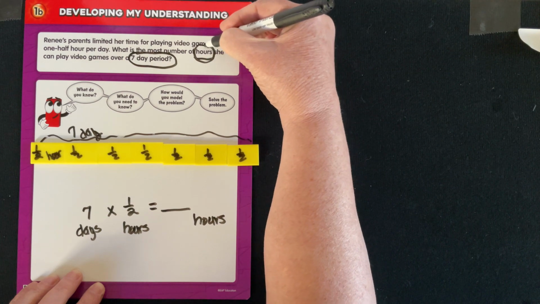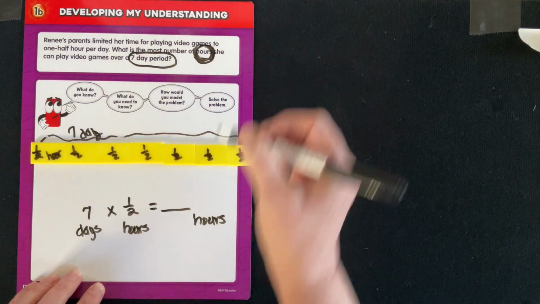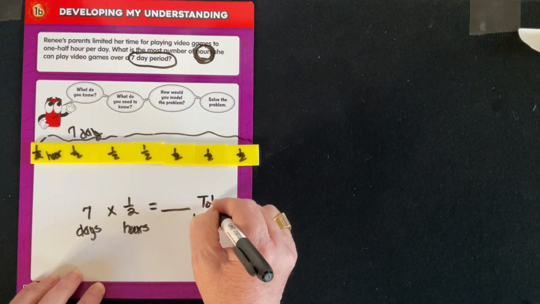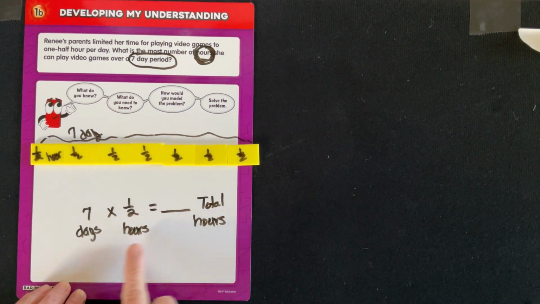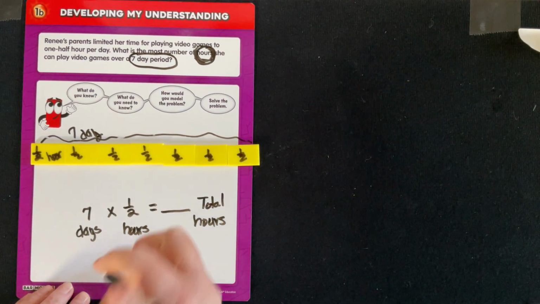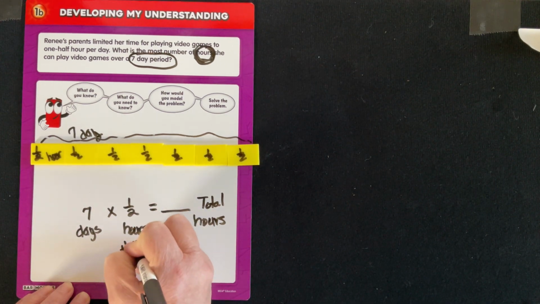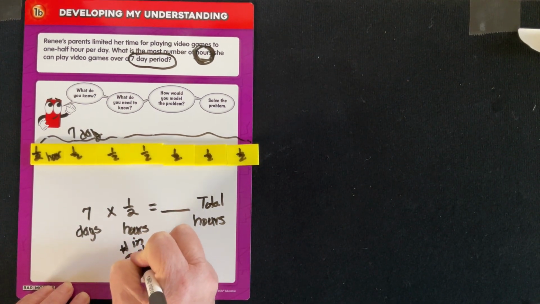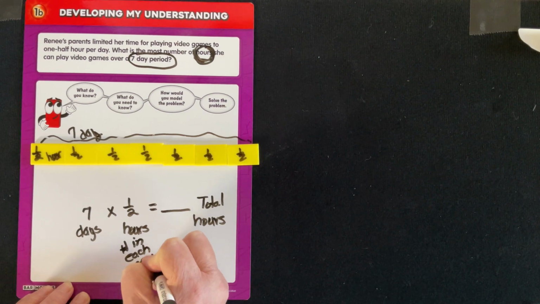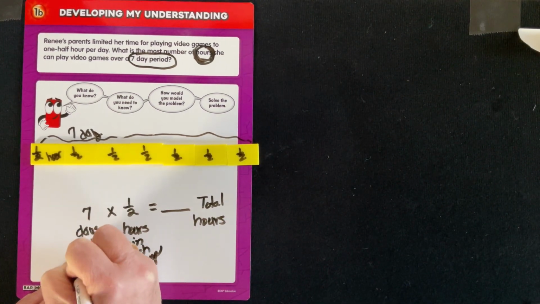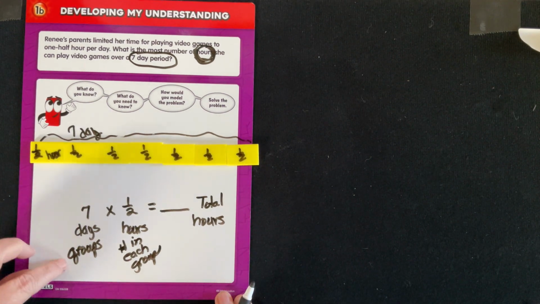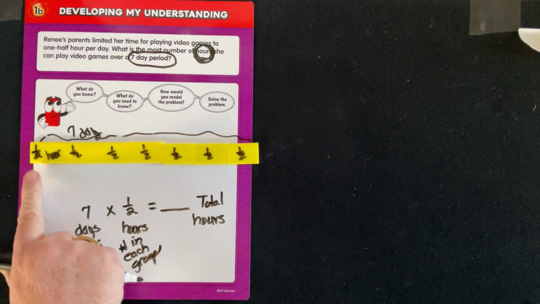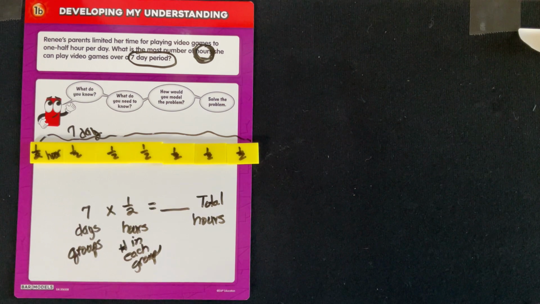We are looking for the total number of hours. But we also know that the label will match the number in each group, and our days represent our groups. So we have 7 groups of 1/2. Do you see the 7 groups of 1/2?